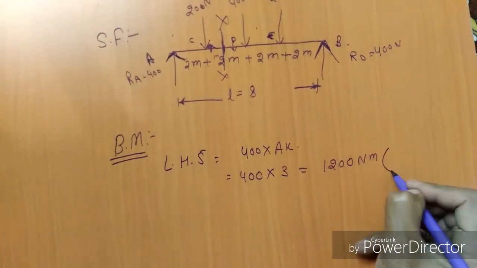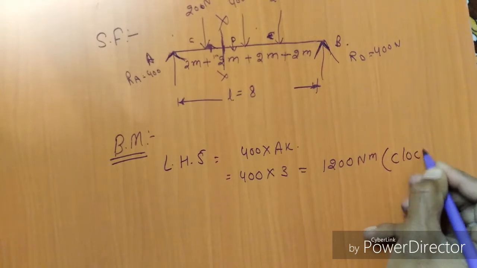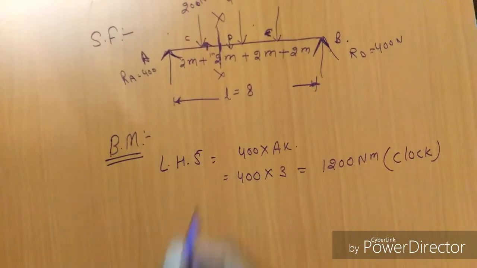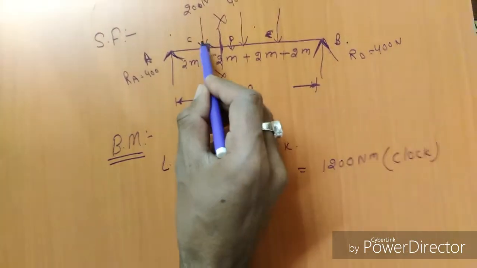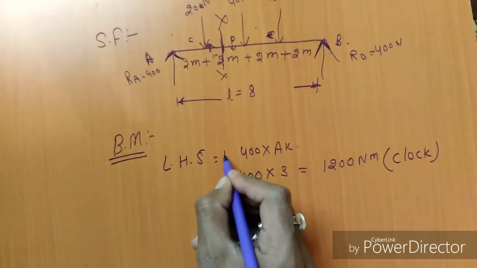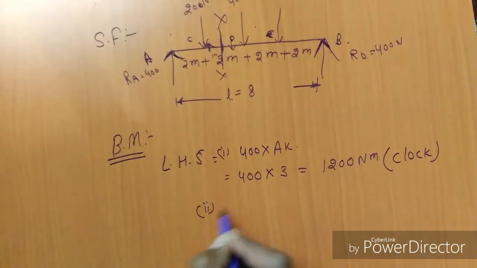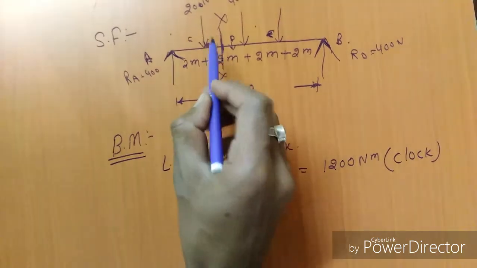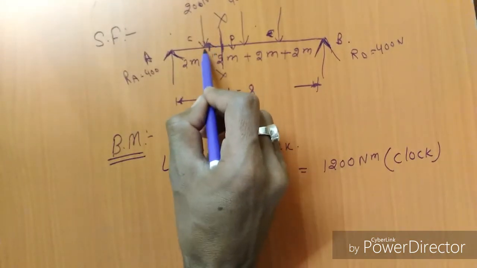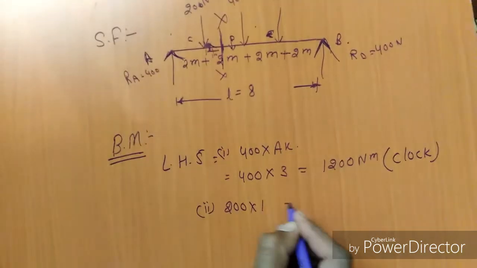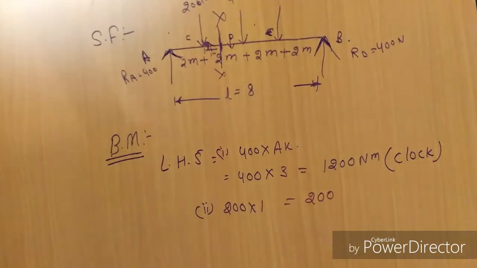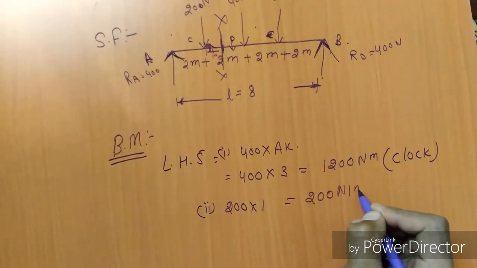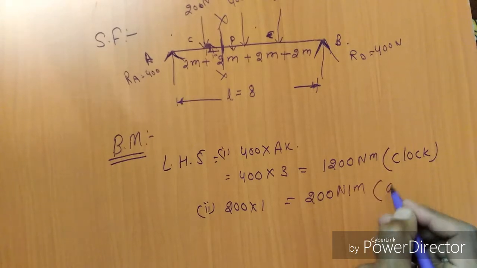That is clockwise in direction. And the second force, 200. And what is the distance from x? This is 1 meter, equal to 200 Newton meter. That is anti-clockwise.